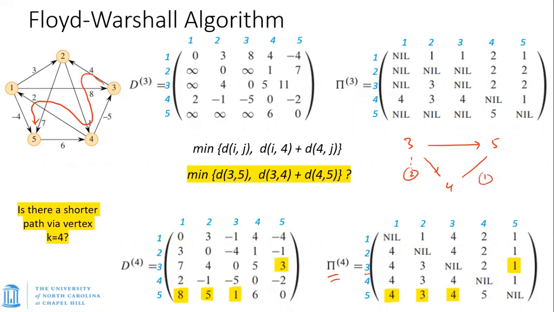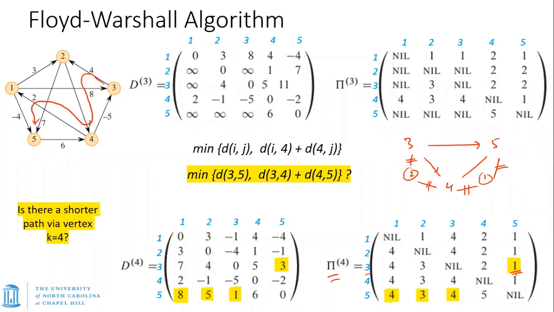So as you're going from 3 to 5, it's saying the predecessor is 1, because you're following this longer path. So this is the actual path that you're following, and in order to get to 5, the predecessor is 1.